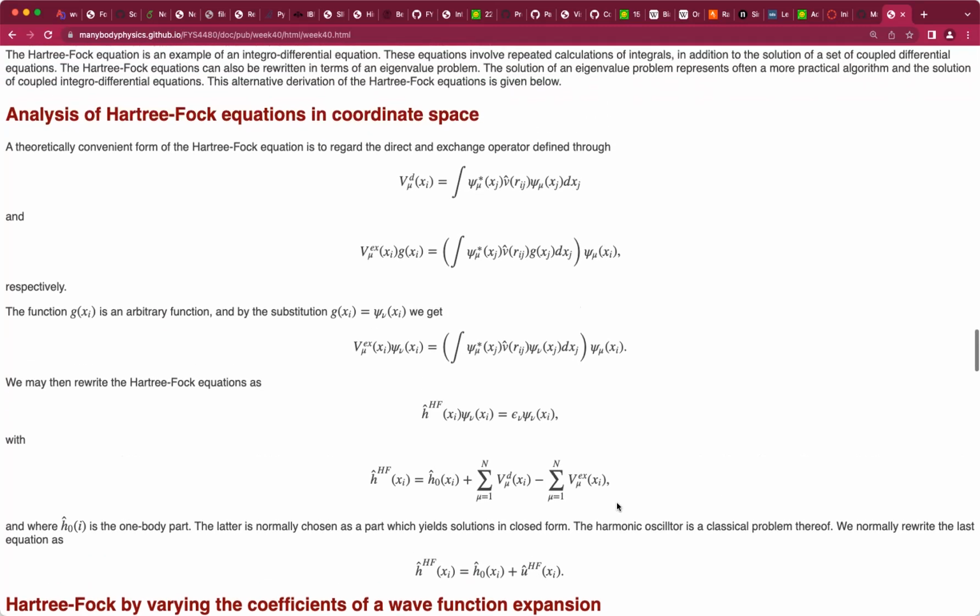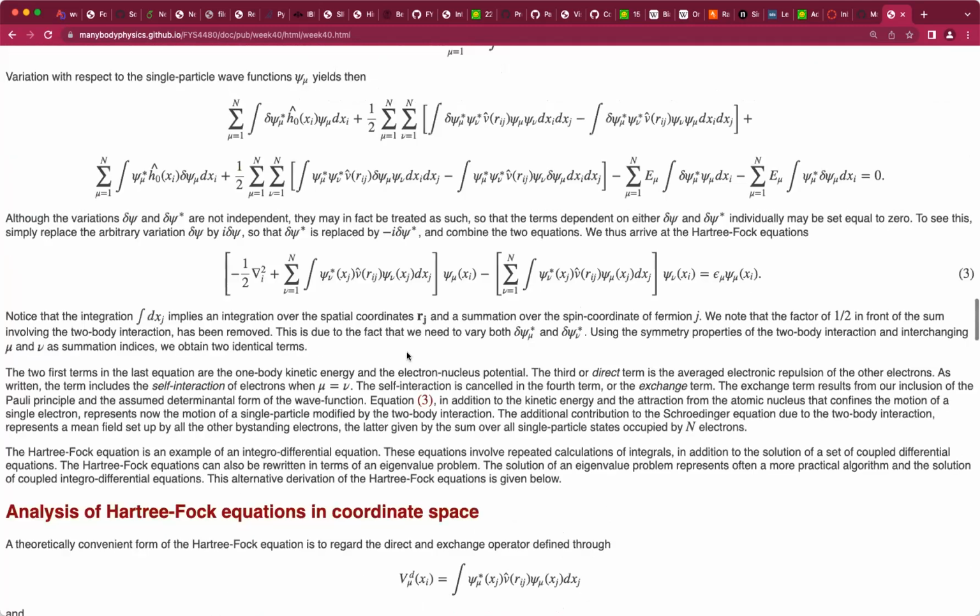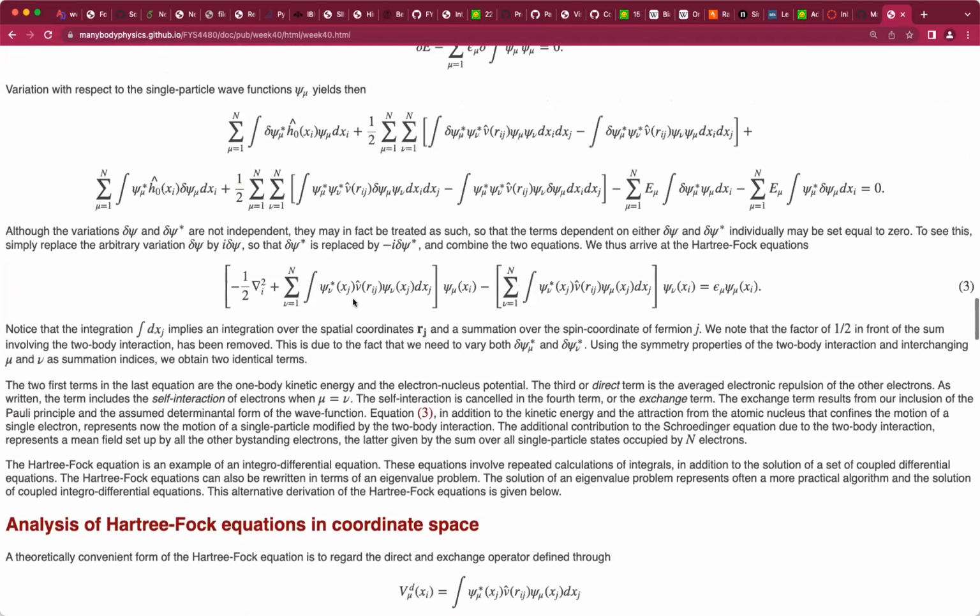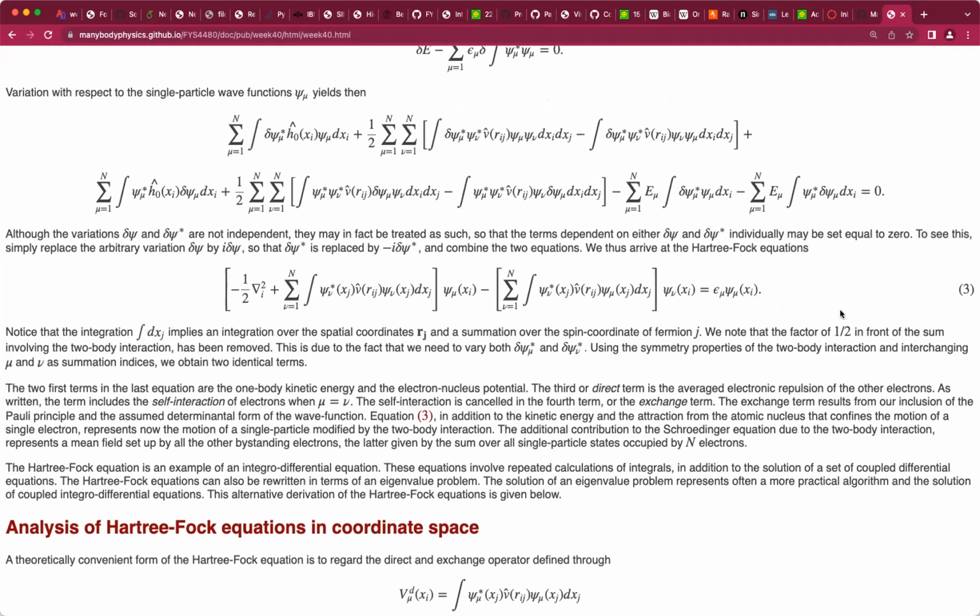The problem here, when you look at the equations, when you're solving Schrödinger's equation, is that equation 3 here represents the modified Schrödinger equation. So we would have the kinetic energy, we can have the potential energy, we have the direct term and the exchange term. If we leave out the external potential, we would just have kinetic energy here.